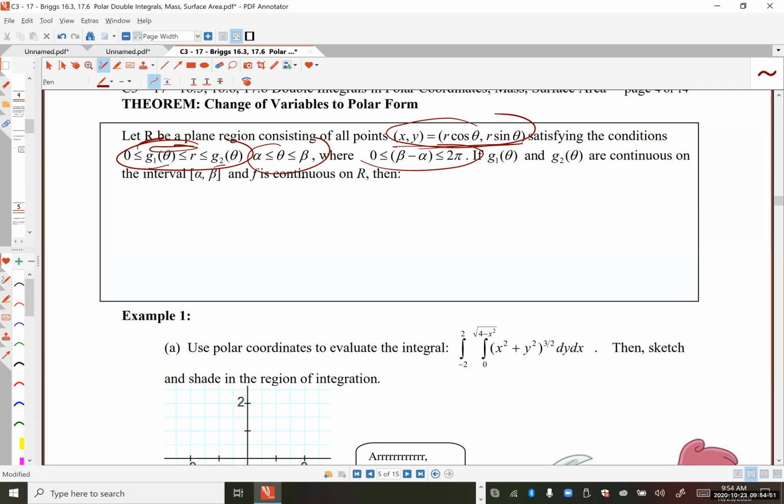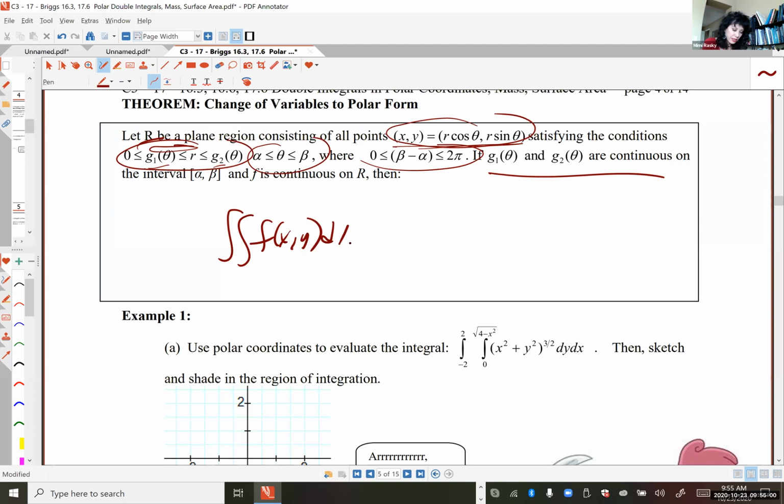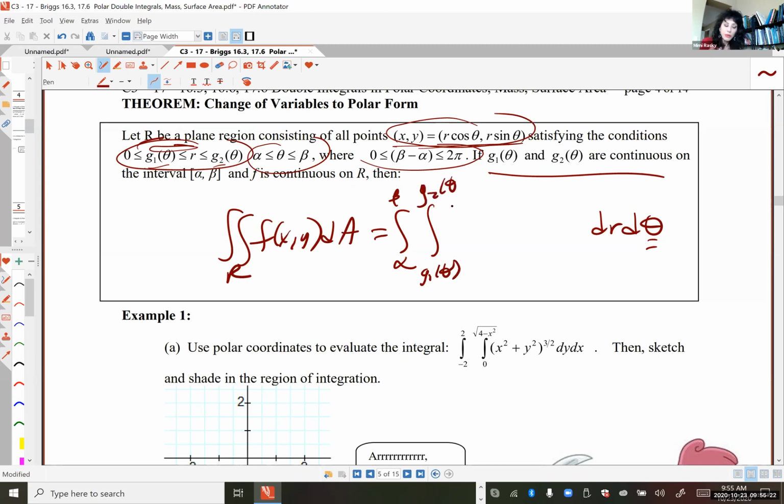What you're able to do is take your rectangular coordinates integral and convert it to polar. Your outermost integral is typically with respect to theta, going from some angle alpha to some other angle beta, pure numbers. Then your inner integral is with respect to r, going from g1 of theta to g2 of theta, but it can also be pure numbers.